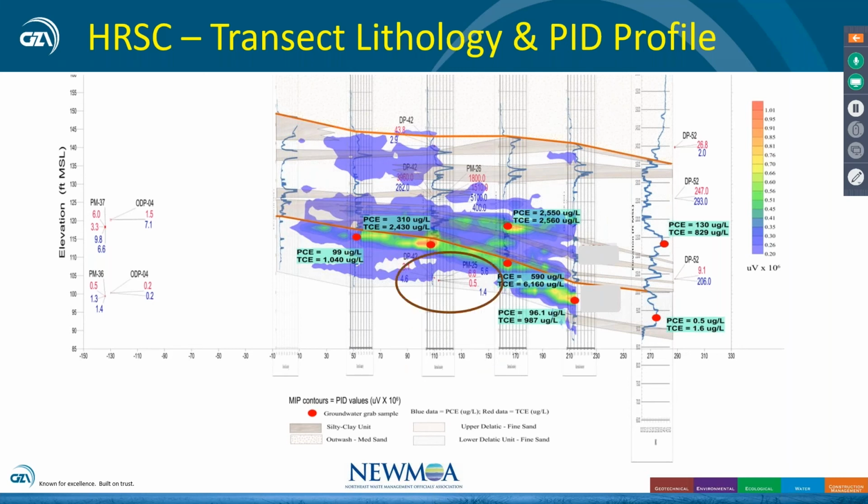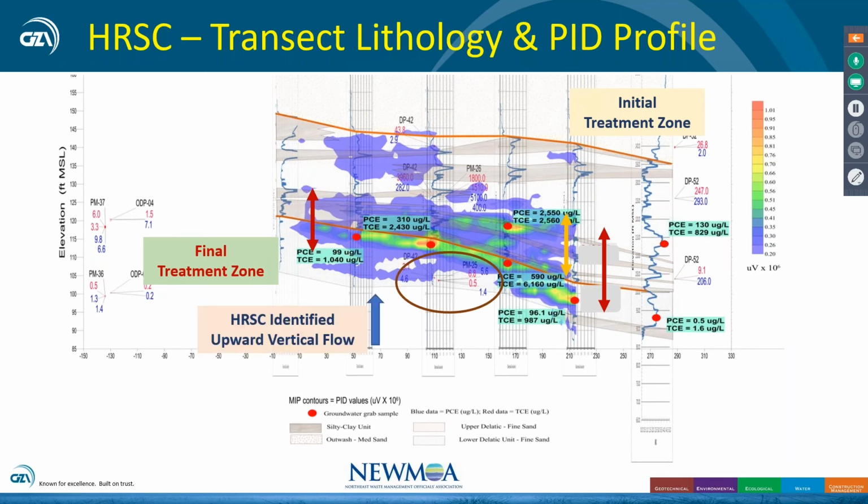So what we were looking at was 5 feet deeper, having very low concentrations, less than 10 parts per billion, and 4 or 5 feet above that, having 6 ppm. This was our original treatment zone for our feasibility study and our presumptive remedy. What we found was this is what we were going to have to treat because we had a vertical upward flow.